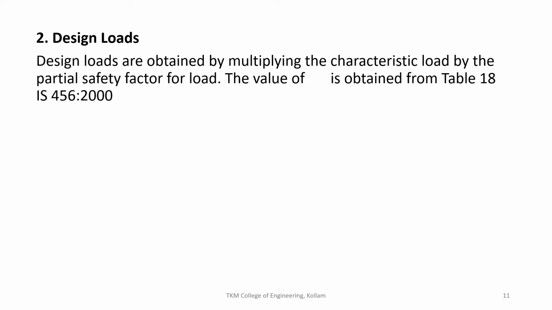Okay. Now the second one is the design load. The first one was the design strength for the material. Now the design load. If I denote the design load as small f d, then the design loads are obtained by multiplying the characteristic load by the partial safety factor for load. I'll denote this partial safety factor as gamma F, and the value for gamma F is obtained from table number 18 of IS 456-2000.